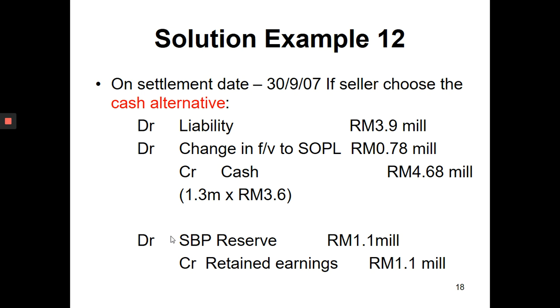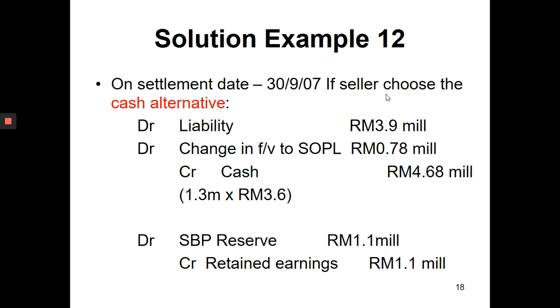Okay, and then yang ni maksud initial recognition. And then when you make a settlement, okay, sebab kita tak tahu kan yang mana satu pilihan dia sehinggalah dia actually pilih. Okay. Katakanlah dia pilih cash alternative.